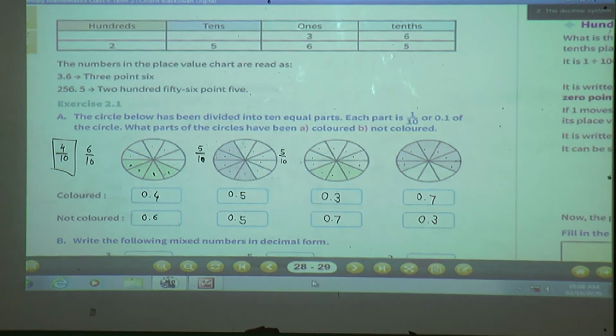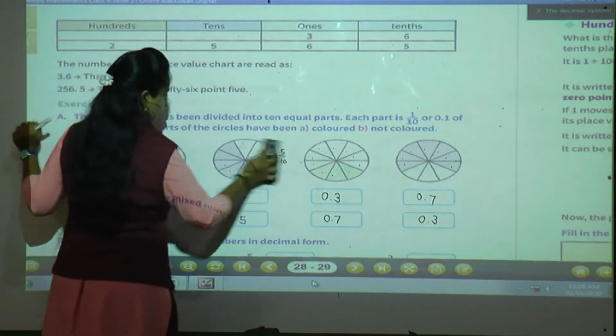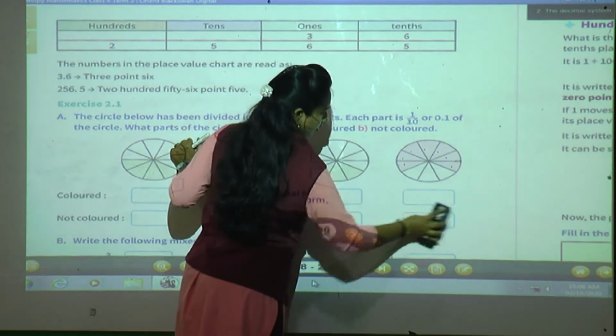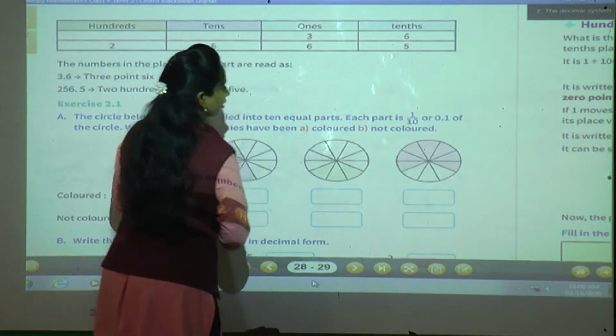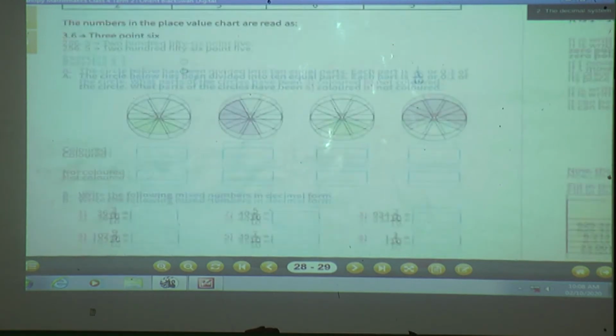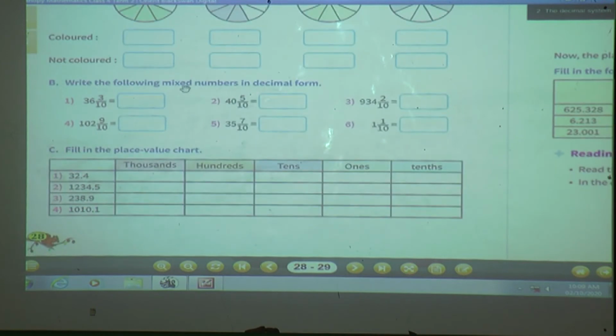Okay? Yes. Now we will solve the B question. Now see the B question. Write the following mixed numbers in the decimal form. Yes, we have seen some examples, isn't it?